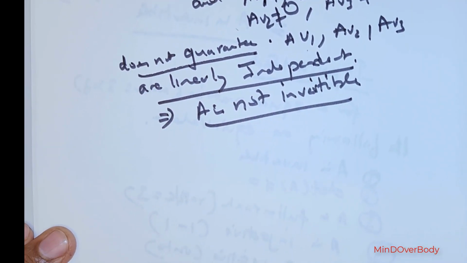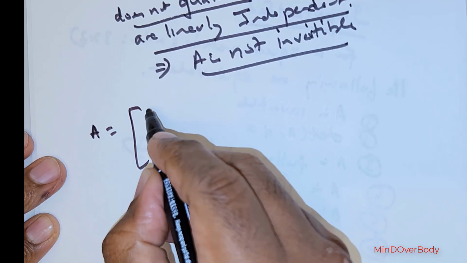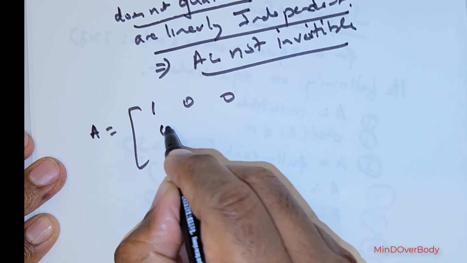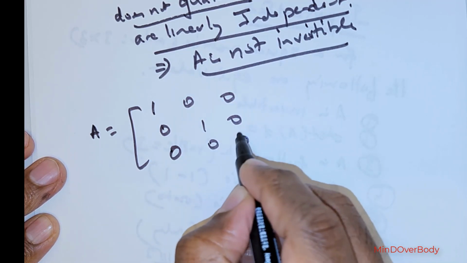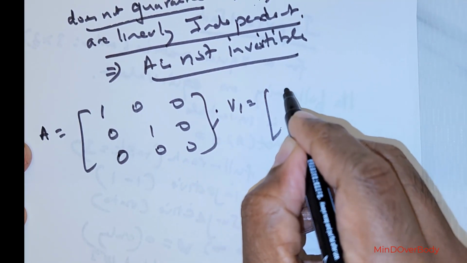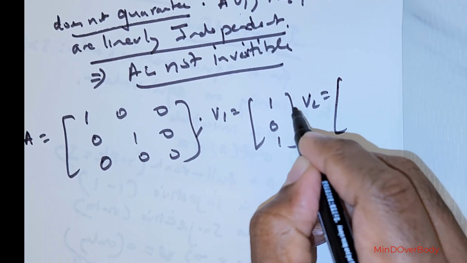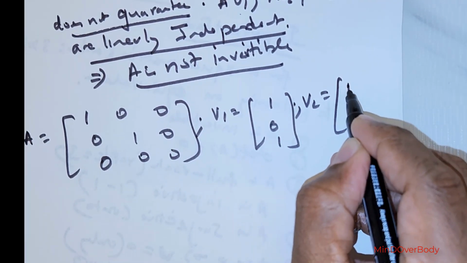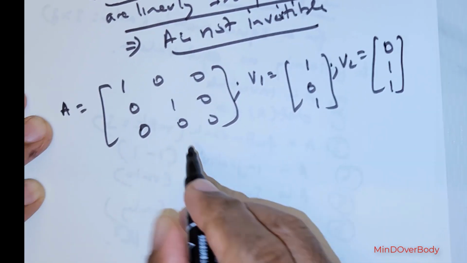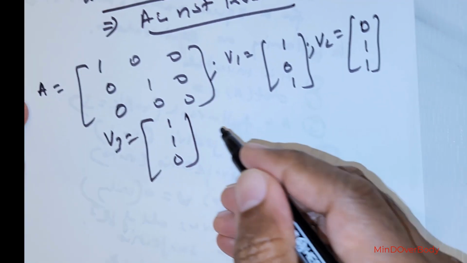So that's exactly going to be my illustration. Let me take this example, A being equal to the matrix with rows 1, 0, 0; 0, 1, 0; 0, 0, 0, and the vectors v1 being (1, 0, 1), v2 being (0, 1, 1), and v3 being (1, 1, 0).